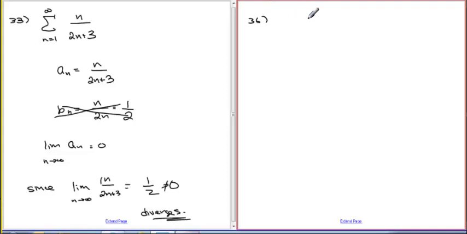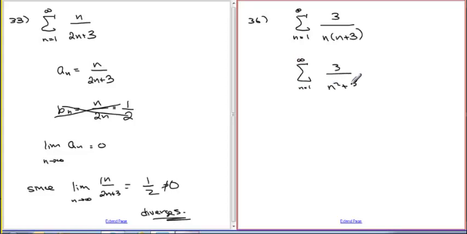And 36, we have the summation n equals 1 to infinity of 3 over n times n plus 3. So I think you can actually use two methods to show this one's true. You could just multiply out the terms. So you get 3 over n squared plus 3n. So our given series terms are represented by this equation.